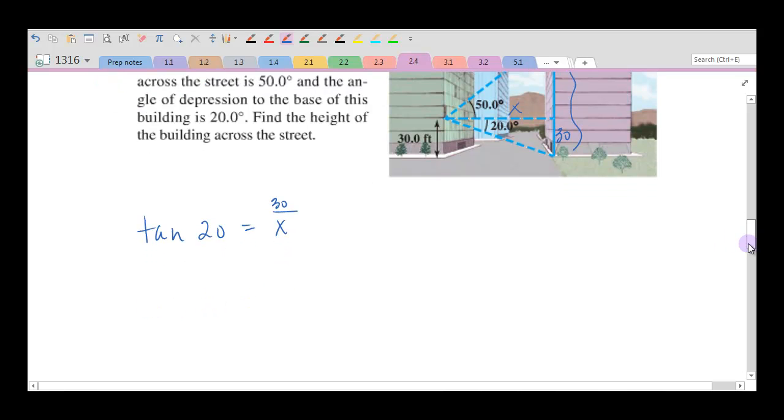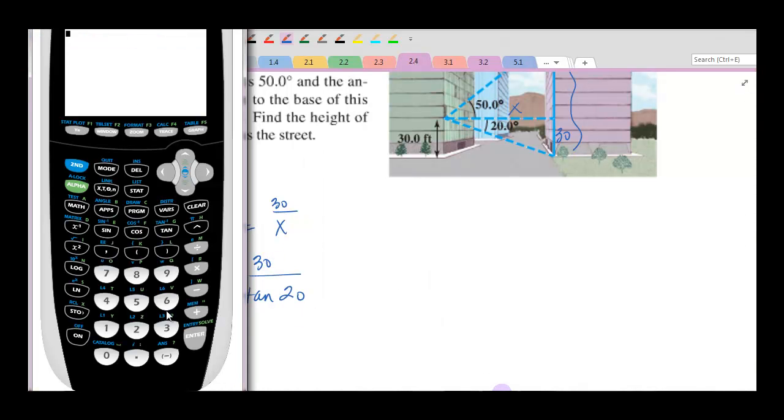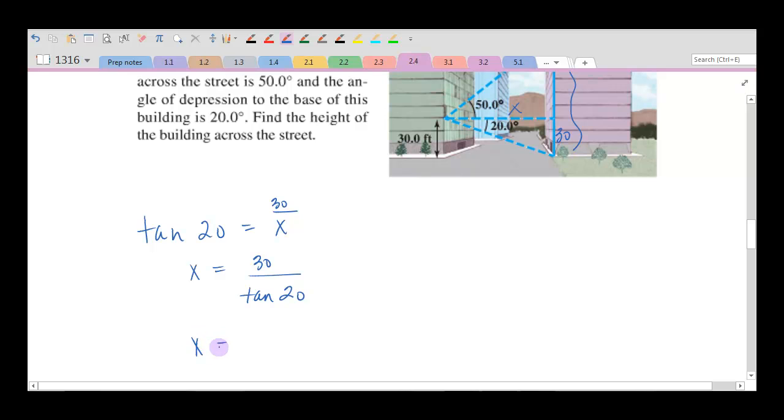Rearranging this equation, x is equal to 30 divided by the tangent of 20. We're going to let the calculator give us this value. Rather quickly, 30 divided by the tangent of 20, and I can see that it's 82.42 feet. So that's what x is going to be.